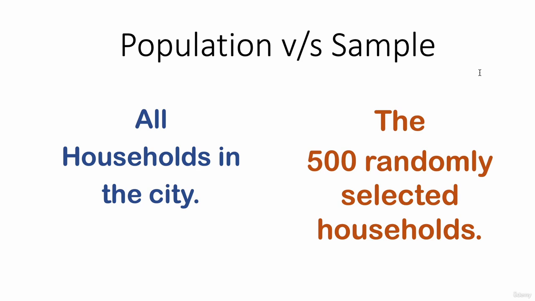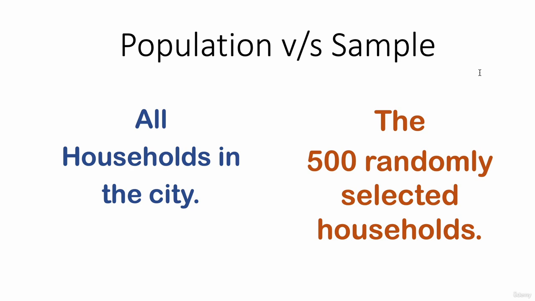In this slide, you can see that the population is defined as all households in the city, and the sample is defined as 500 randomly selected households. Imagine you are interested in studying the average income of all households in a particular city. The entire set of households in that city represents the population.